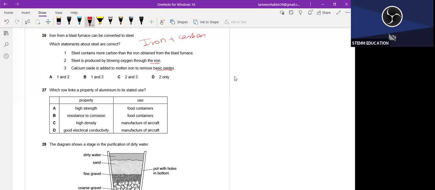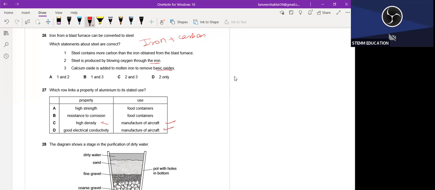Which row links a property of aluminium to its stated use? Now aluminium has high strength, resistance to corrosion, high density, good electrical conductivity. Okay, but high density, no, it has low density, sorry. Manufacturing of aircraft, yeah, this is right, it is used in aircraft, but not for this reason.